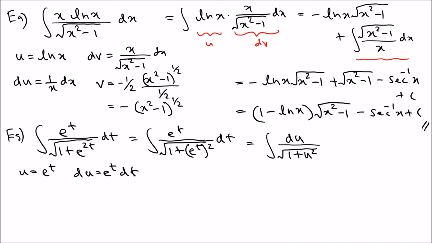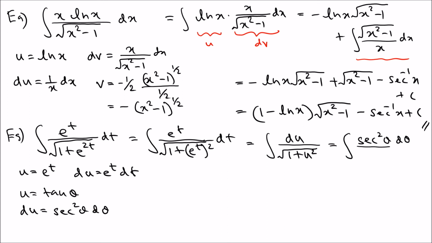Now what we can do is use the trigonometric substitution here. So u equals tan theta in this case. That means du equals secant squared theta d theta. If you use that here, the top is going to be secant squared theta d theta.